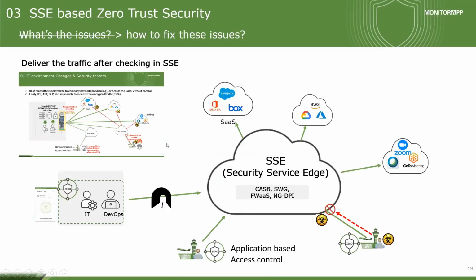So here is a simple architecture of SSE. As you can see, here is the ZTNA agent. If you install the ZTNA agent, then all traffic is tunneled to the SSE platform. So there is no security appliance in the office gateway.